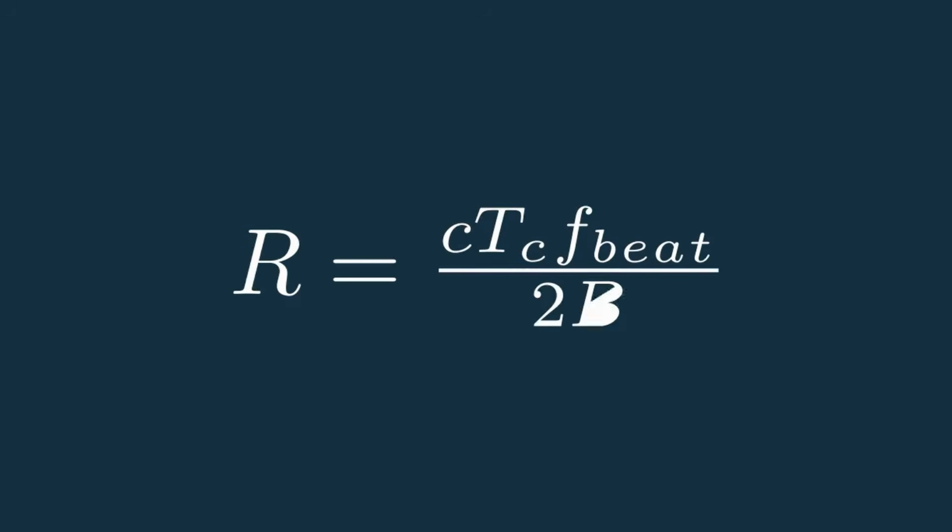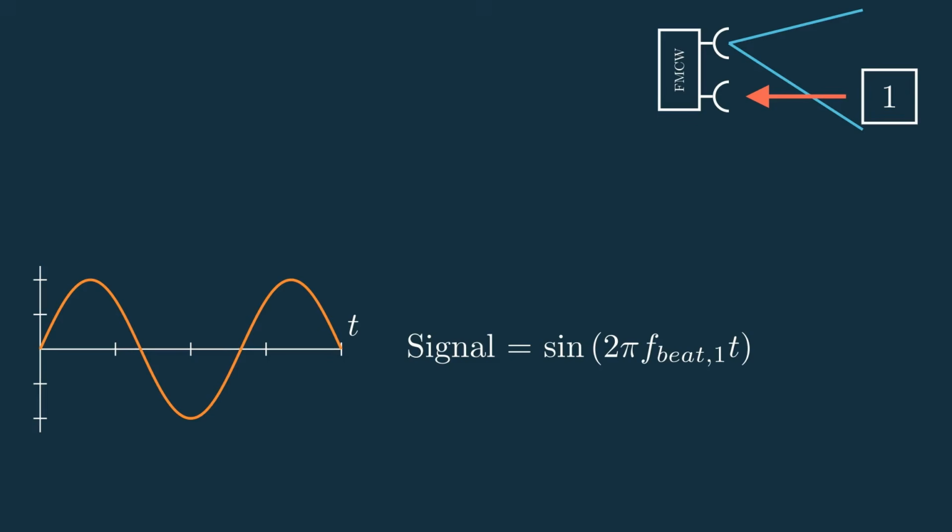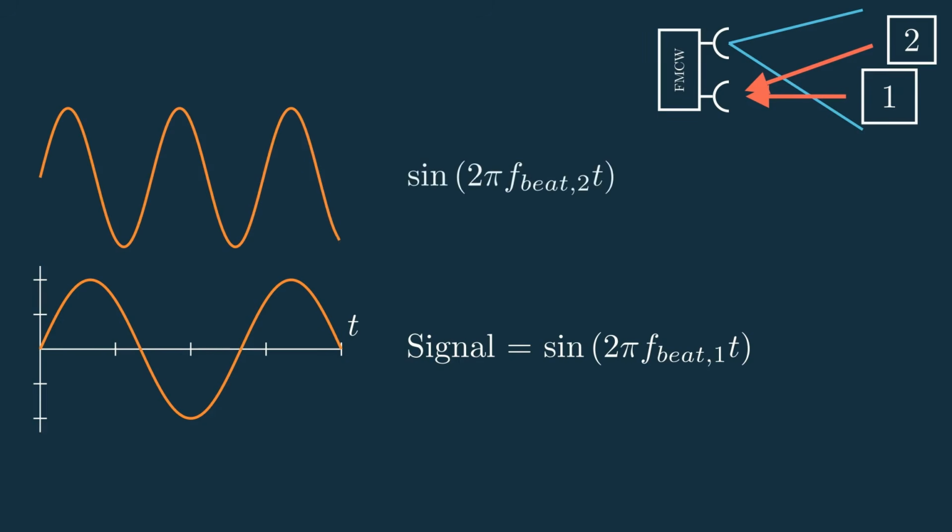If you remember from the last video, we found this equation for the range of a target given its beat frequency. But in a real-world scenario, the signal seen at our receiver isn't just the beat frequency, but actually a time series signal that contains the reflected signal from the target at its beat frequency. It could also contain multiple targets within our viewing range, each with their own beat frequency.